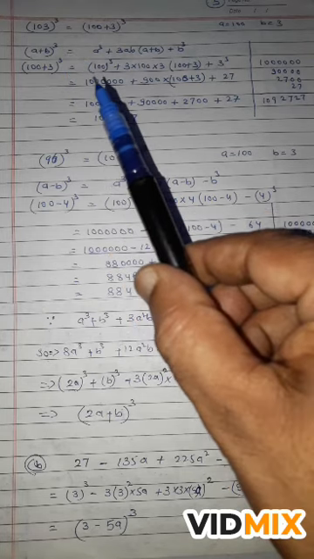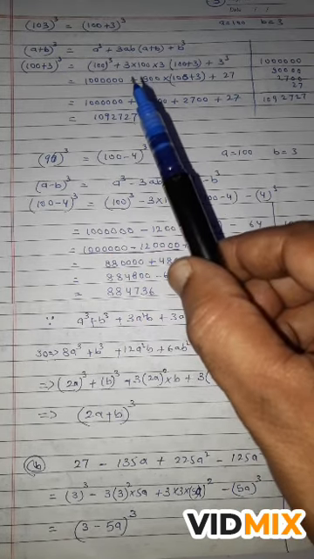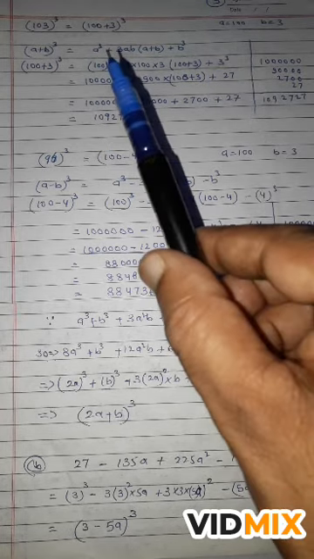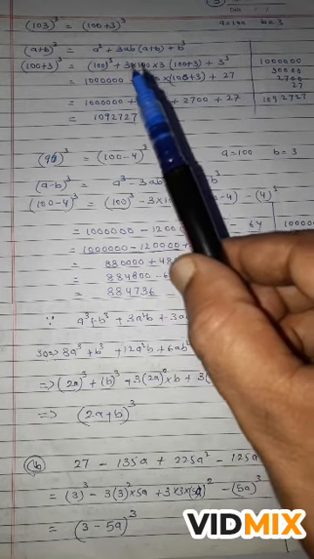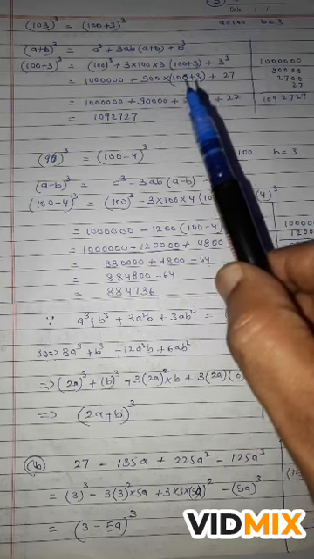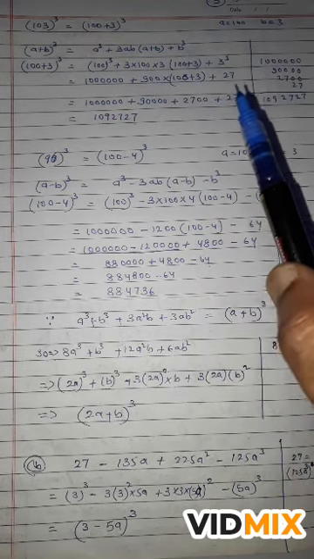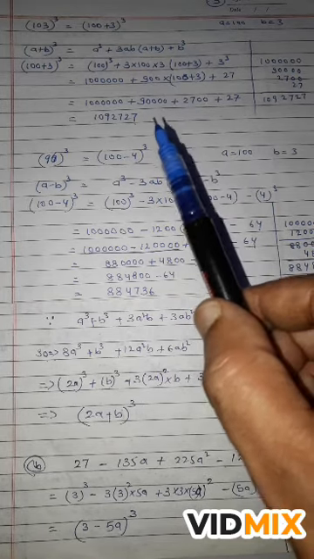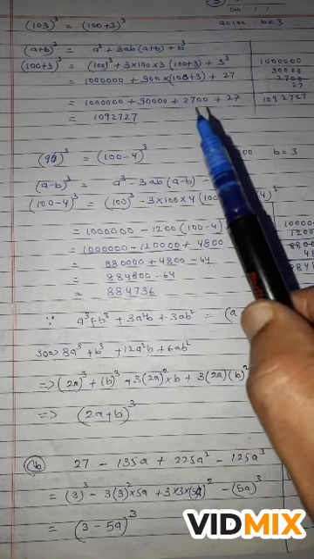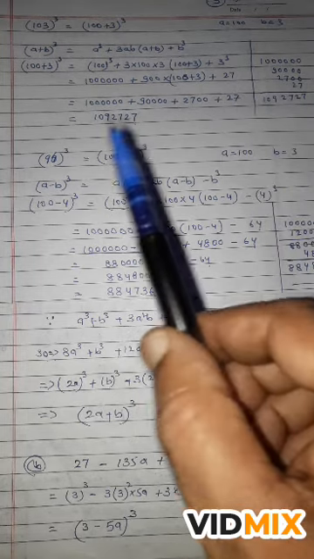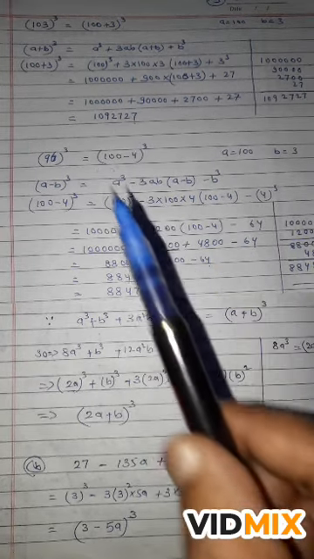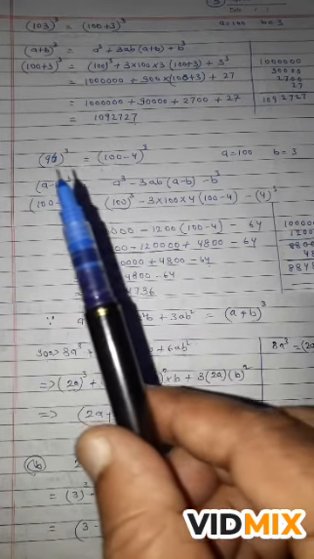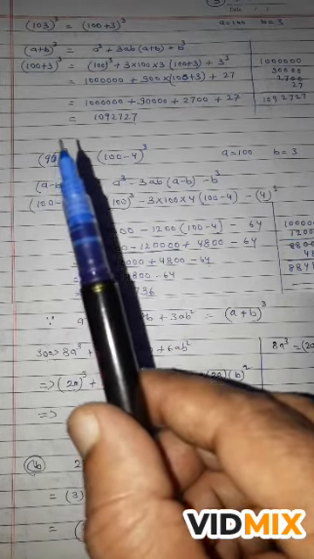So 100 cube plus 3 into 100 into 3 into (100 plus 3) plus 3 cube. 100 cube means 10 lakh. 3 into 3 is 9, 900 into 103: 900 into 100 is 90,000, 900 into 3 is 2700, plus 27. We add all the values, it will give 10,92,727.